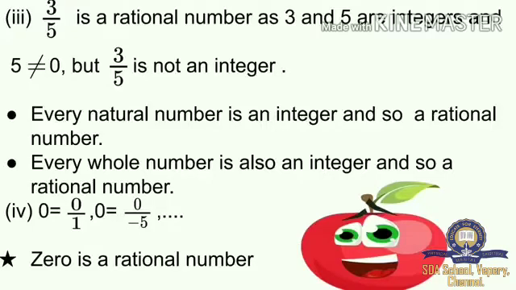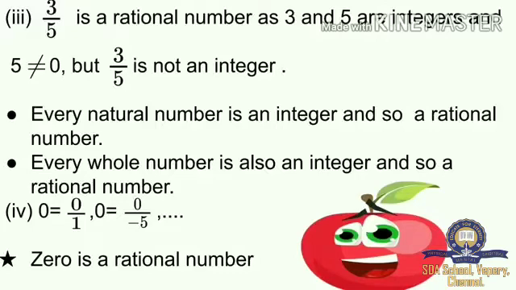So 3 divided by 5 is not an integer, right? Every natural number is an integer, and so a rational number, right? Every whole number is also an integer, and so a rational number.